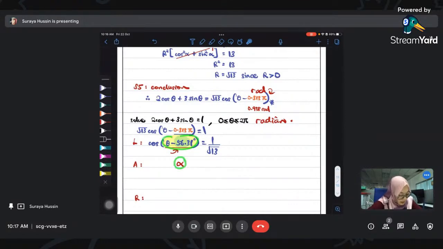Change the yellow highlight into alpha. That's it. We make it a temporary angle. This yellow angle here I change into alpha just temporarily, and the rest of it I copy. So I got cos alpha is equals to 1 over square root 13.